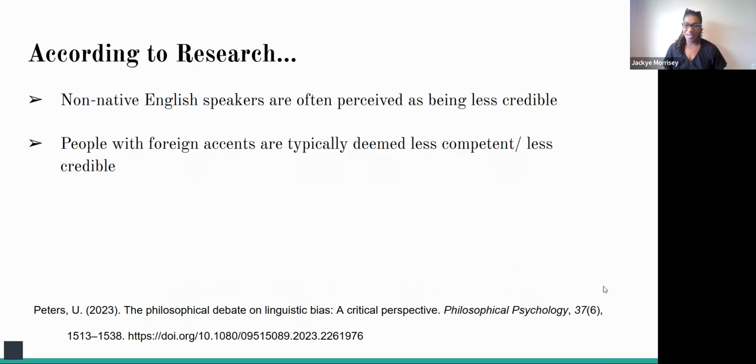Another fact that comes out of research is that people with foreign accents are typically deemed less competent and less credible. I think many of us, even here in America, and we speak English, whether we're from the West or the North, South, or the East, it doesn't matter.